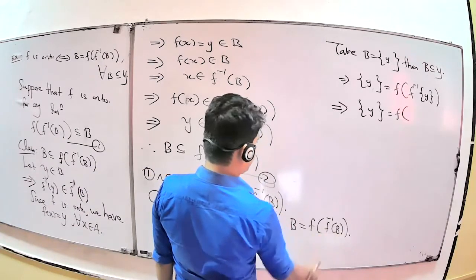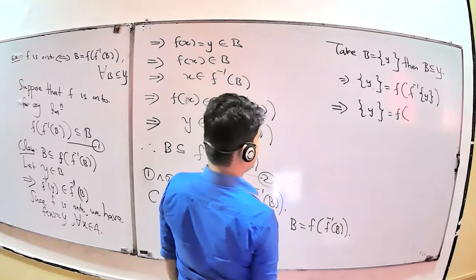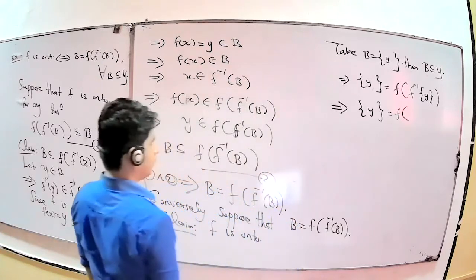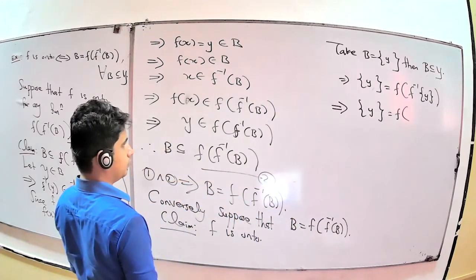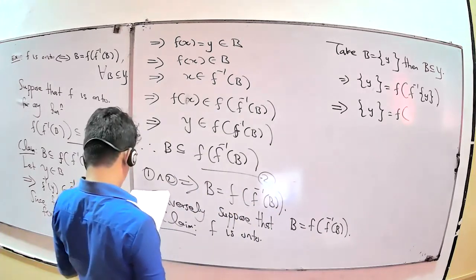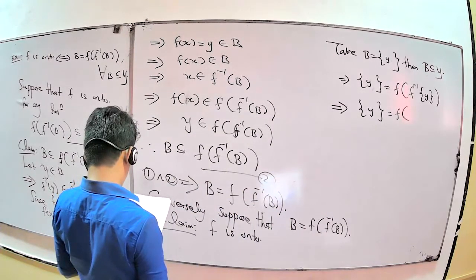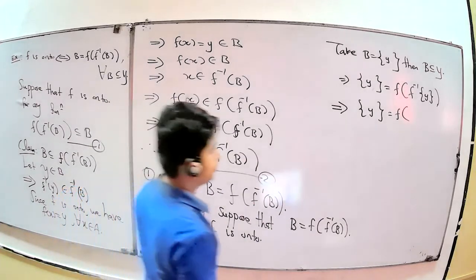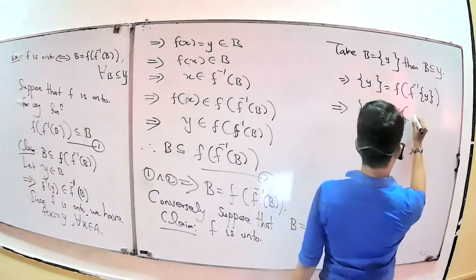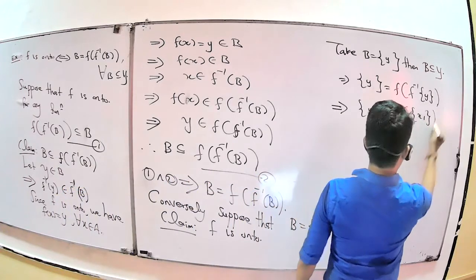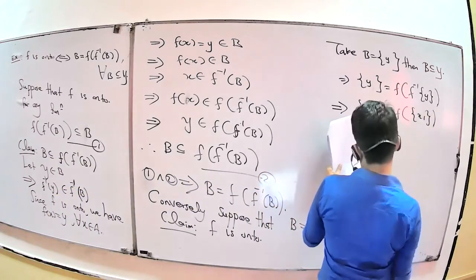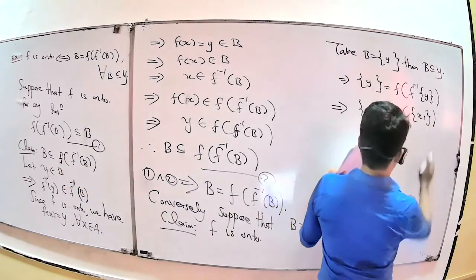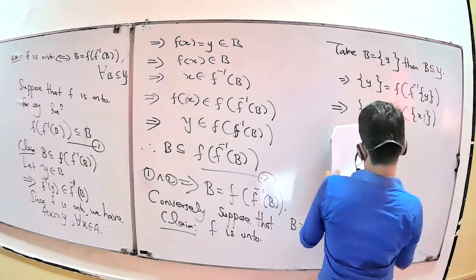Therefore, here y belongs to b, right? y belongs to b. f is a function from x to y. Then you can write here one of the elements f of x1. Your element equals f of x1, right? f of x.